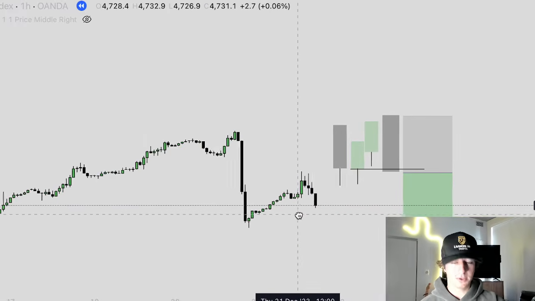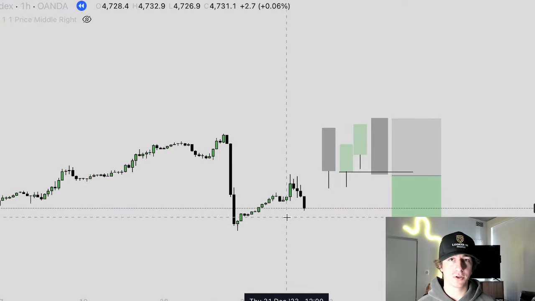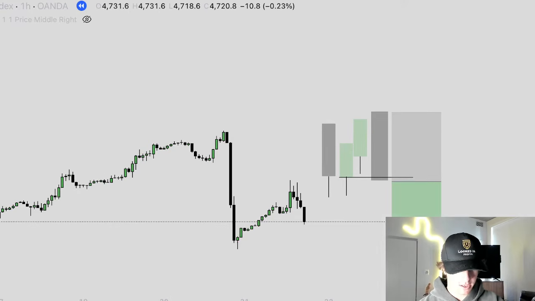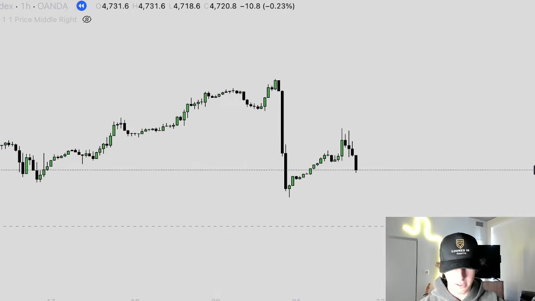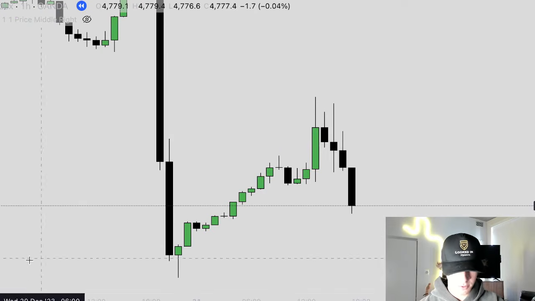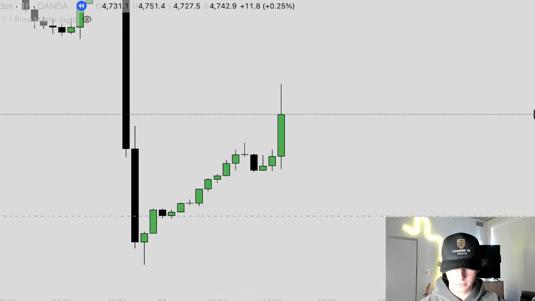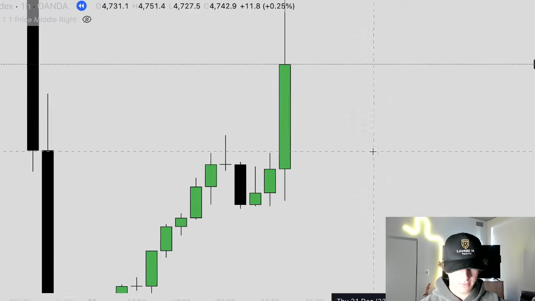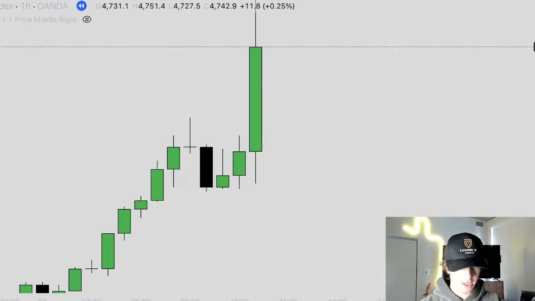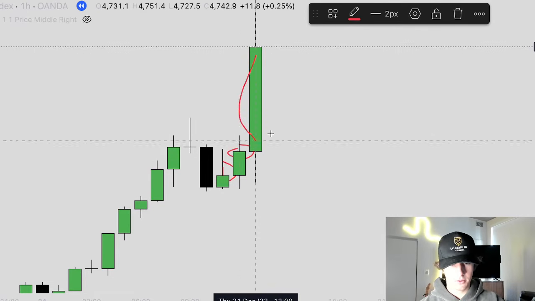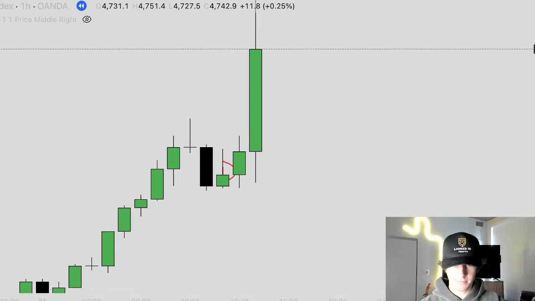Okay, so essentially, it's very similar to a break of structure, but you're using the opening price of the start of a move instead of the wick. So let's get rid of that and take a look at an example right here of a bearish one. So right here, we have clearly a leg to the upside right here, okay? We have 1, 2, 3 candles, okay?